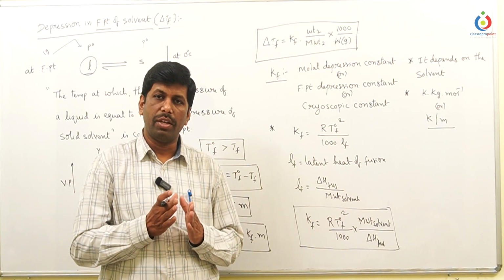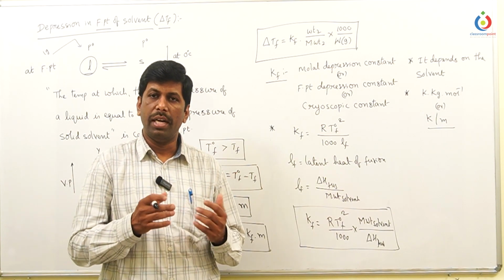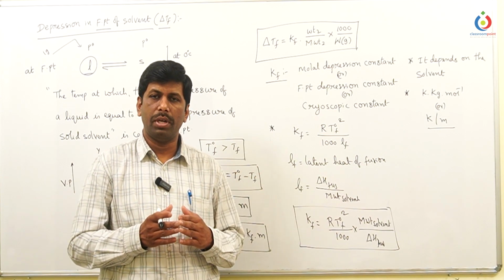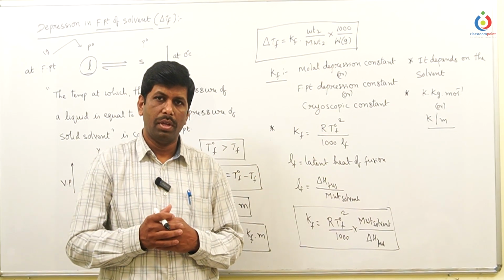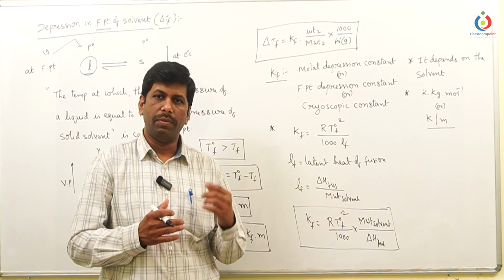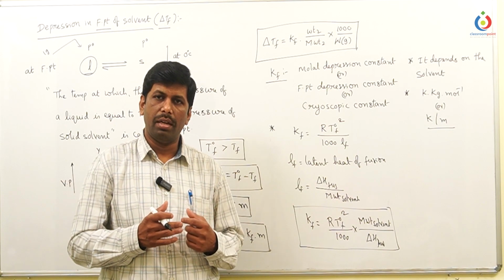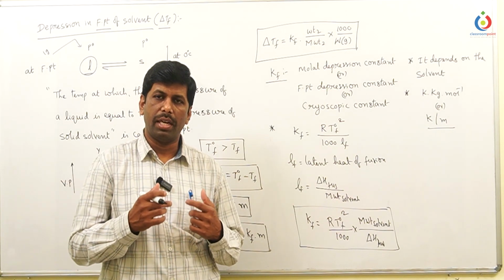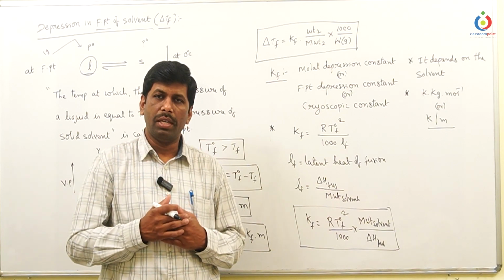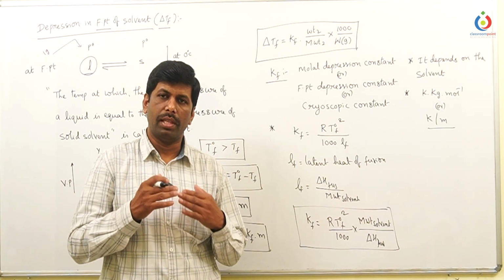That question leads to non-ideal solutions, where they may show a higher boiling point or a lower boiling point. So the conditions change. It may increase the boiling point, it may decrease. But if a non-volatile solute is added, then obviously we get the elevation in the boiling point. So for elevation in the boiling point, the solute must be non-volatile.